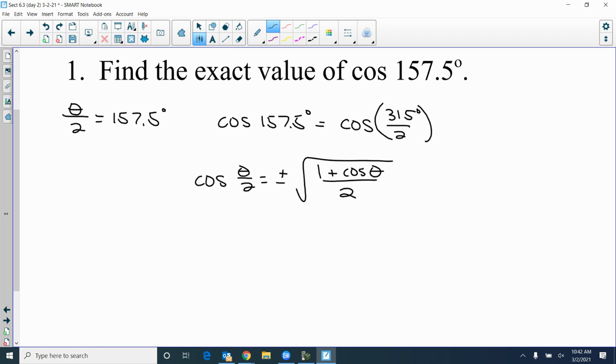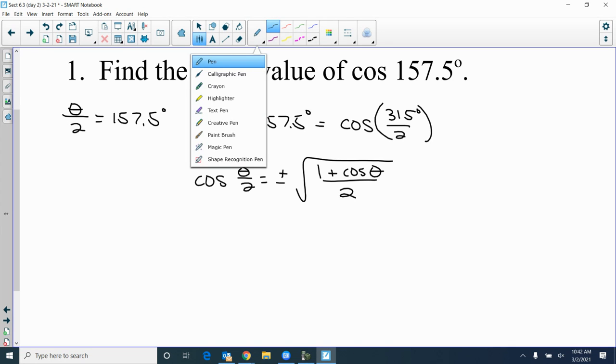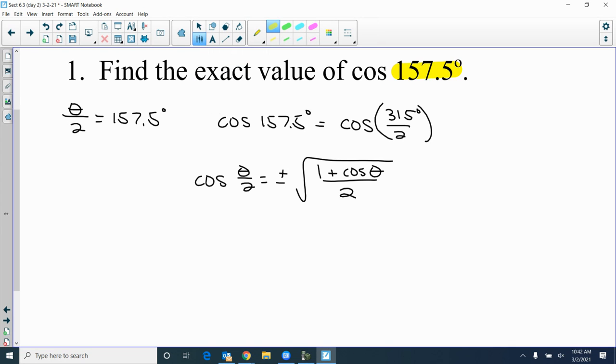Because the original angle of 315 was between 270 and 360. So when you divide those by 2, you get that the angle is between 135 and 180, which is in quadrant 2, so cosine is negative. Yep, you actually did way more than you had to, which is fine. They actually give you the angle.